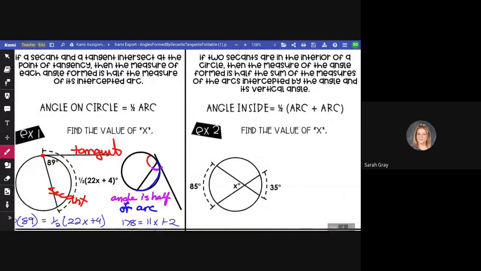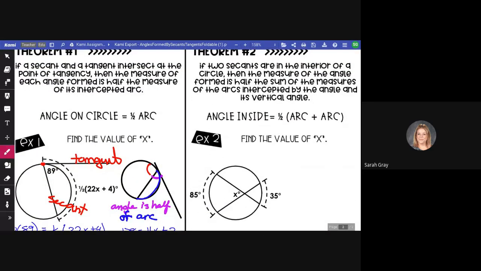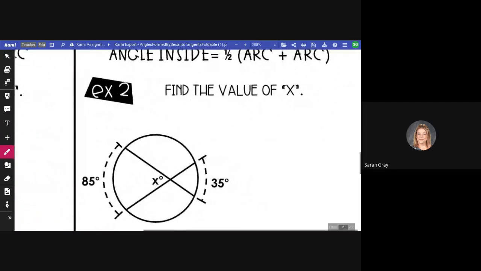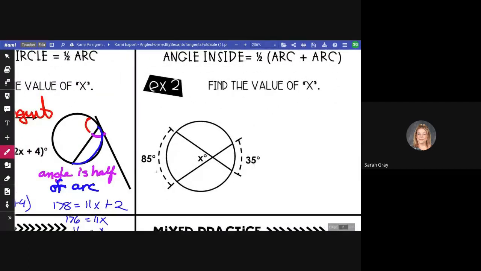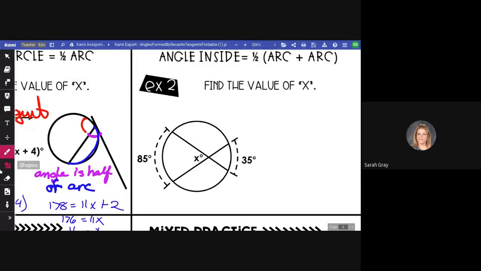Okay. Theorem 2 says if two secants are in the interior of a circle, then the measure of the angle formed is half the sum of the measures of the arcs. So I'm going to draw one without a bunch of information in it first.